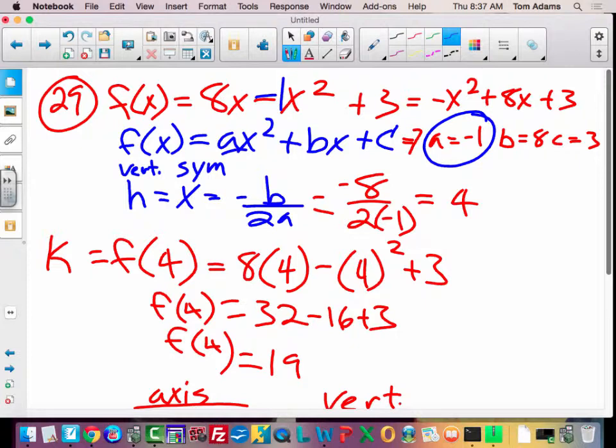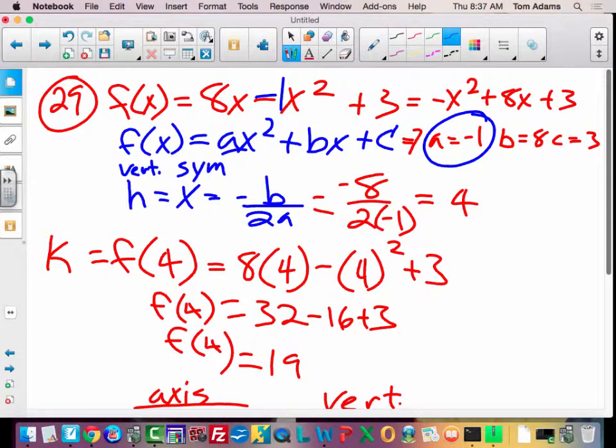Yes. You sure? Yes. How do you know that? That's what I've been doing. That's what you've been doing and that's what has been working, but how can you prove that to me? You can graph it. You could graph it and it works, but there has to be a way to explain that that works. You can plug it in. You could plug it in. You could. Yeah.